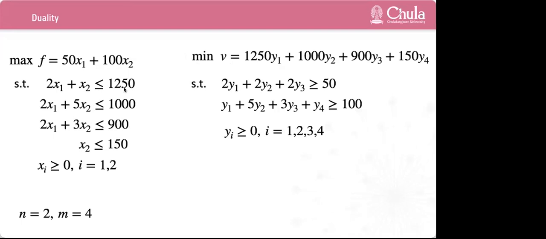The number of constraints of the primal problem is 4, sorry. So in the dual problem, we have 4 decision variables and only 2 constraints. You see that the number of decision variables in the primal is identical to the number of constraints in the dual, and the number of constraints in the primal is identical to the number of decision variables in the dual. Okay, good.